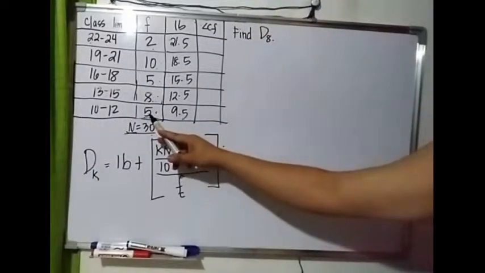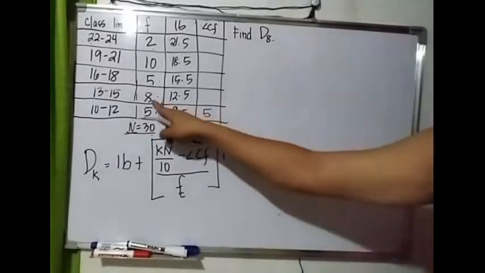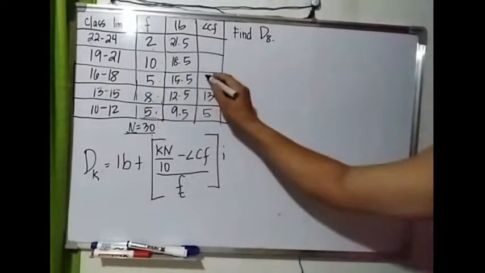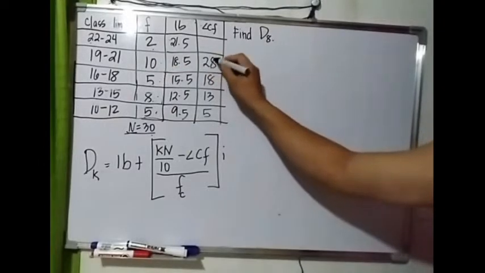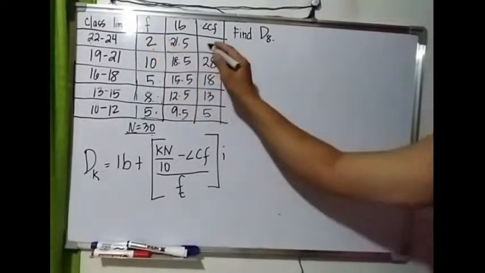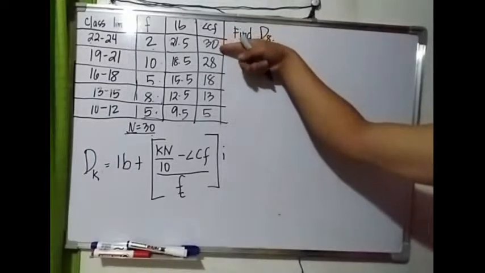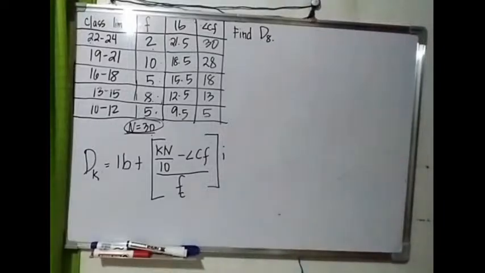So yung last frequency natin, ilagay natin dito. Then 5 plus 8, that is 13. 13 plus 5, that is 18. 18 plus 10, that is 28. 28 plus 2 is 30. Dapat ang cumulative frequency dito sa taas, equivalent yan sa total frequency or the value of n.